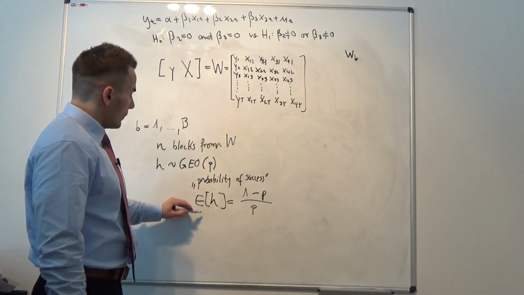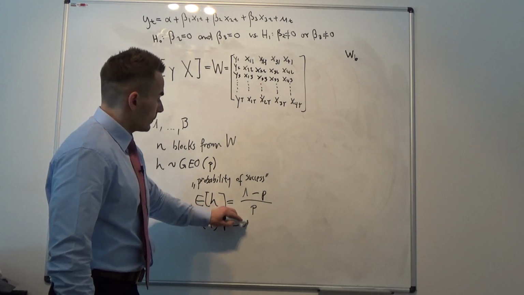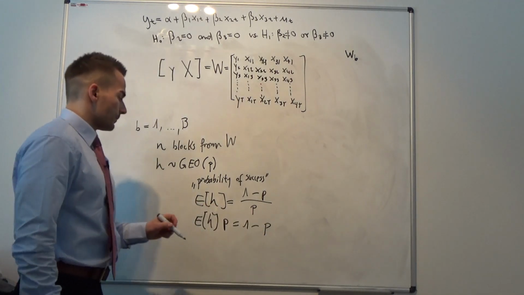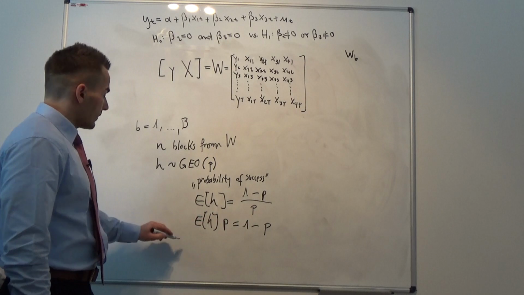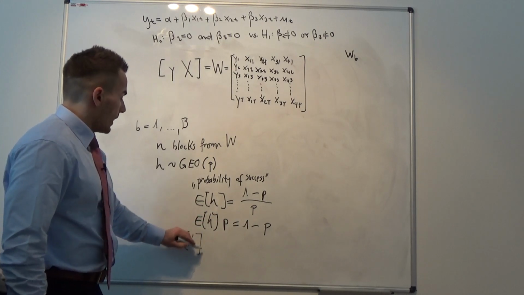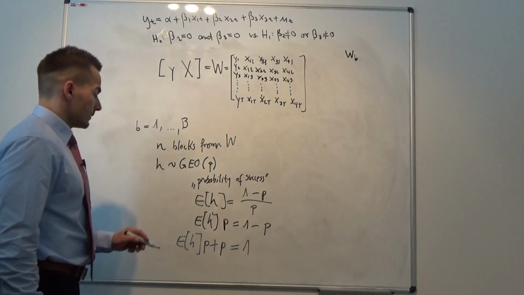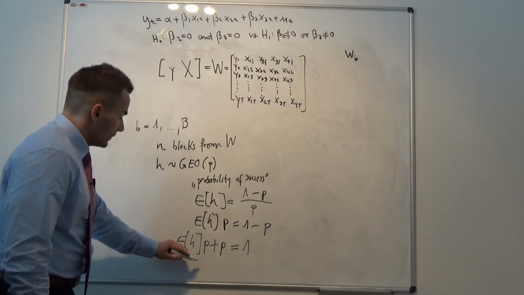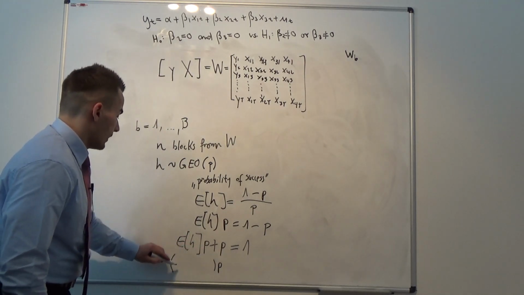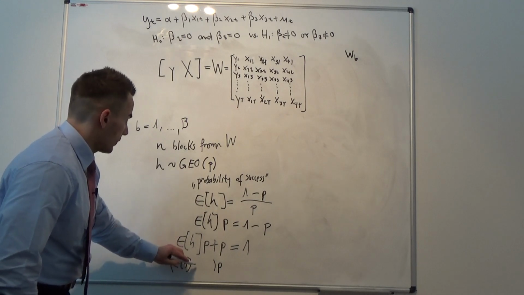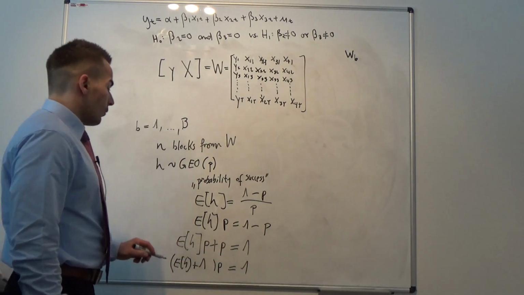If we know that, we know also that the expectation of h times p is 1 minus p. So we can bring this to the left-hand side. We have the expectation of h times p plus p is equal to 1. Now we can put p outside the parentheses, and what we have left is the expectation of h plus 1 in parentheses, and 1 on the other side.